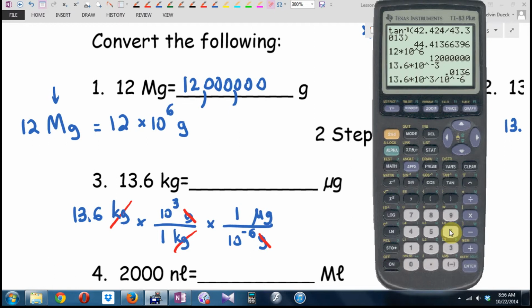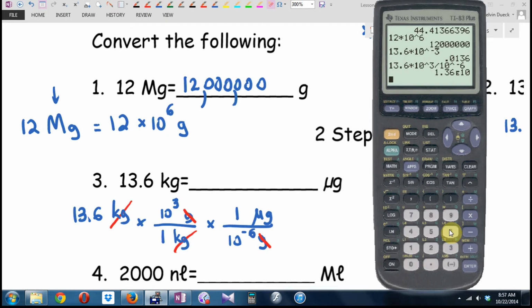13.6 kilograms is this many micrograms. And it's going to be a big number. You may even get an answer in scientific notation. I get an answer in scientific notation. 1.36, and on my calculator, and this is why you have to memorize how your calculator works.